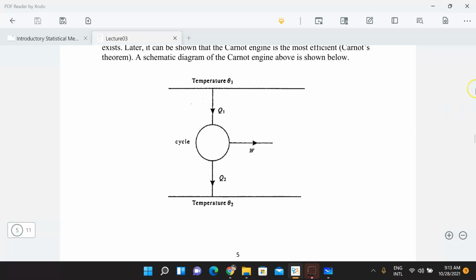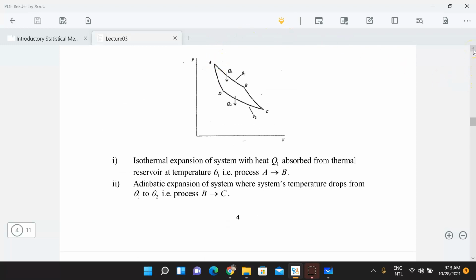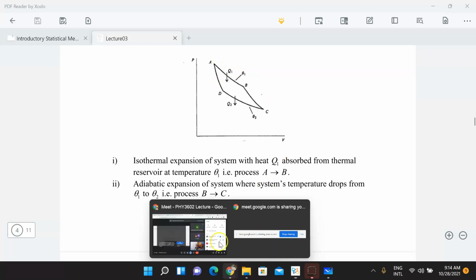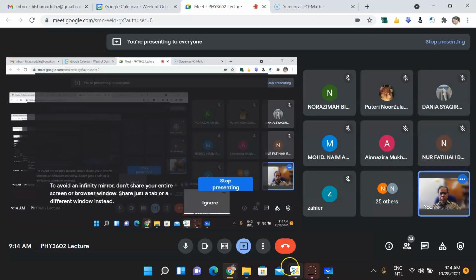What we actually did was go through this process using gas expansion, then adiabatic expansion, then compression and then adiabatic compression.